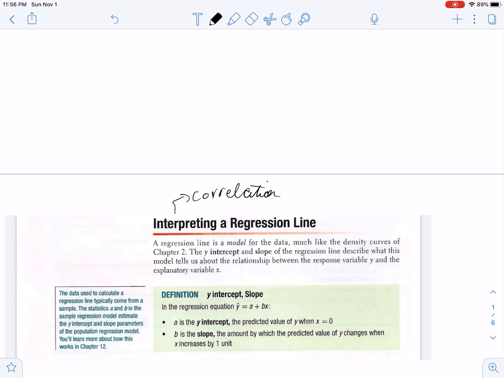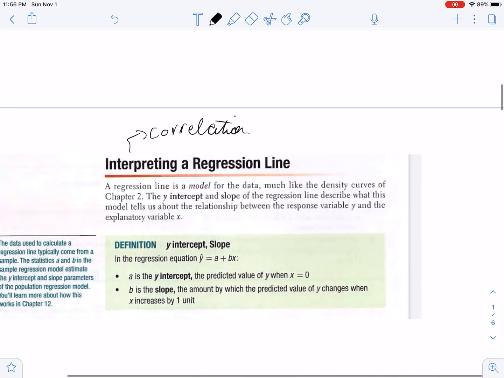Like positive, negative, we did all that stuff last time. So the regression line is a line which will show the relation between two data points, and has a little weird form in statistics.